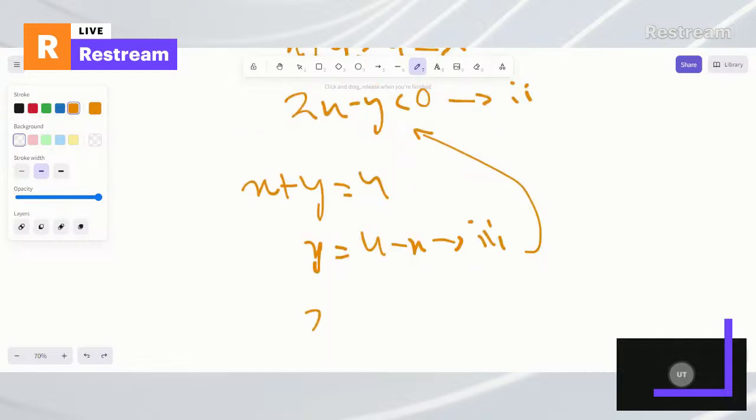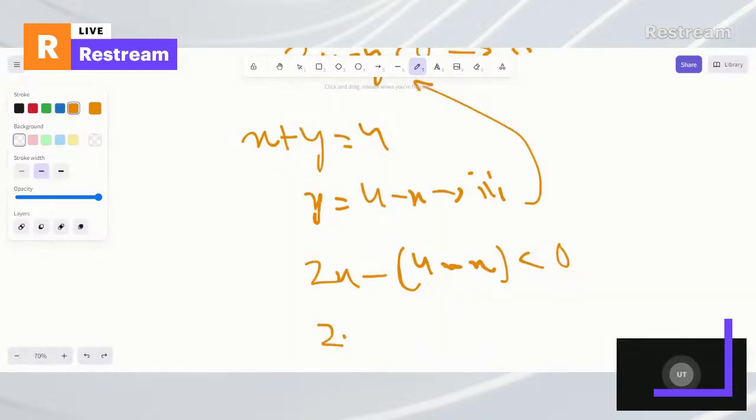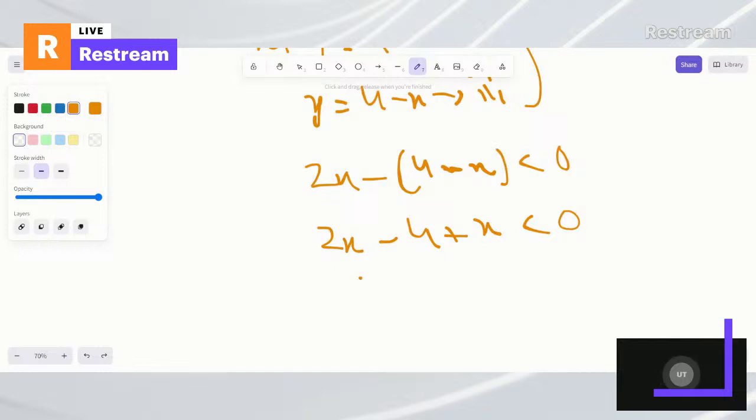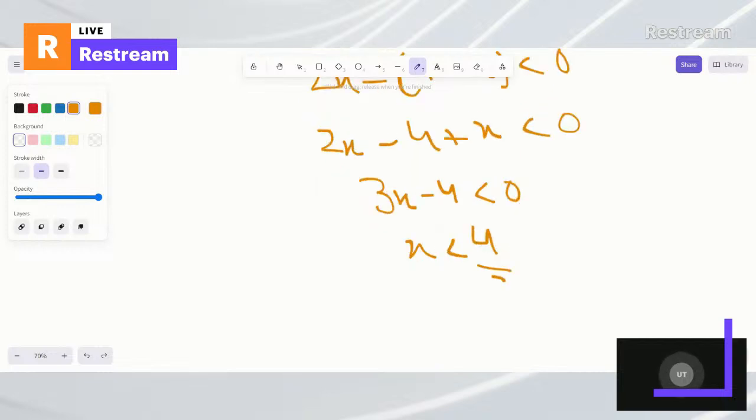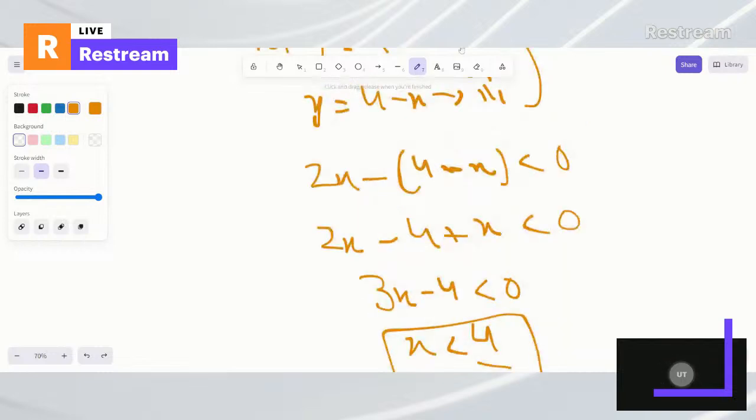It's going to be 2x minus (4 minus x) is less than 0. So it's going to be 2x minus 4 plus x is less than 0. So it becomes 3x minus 4 is less than 0. So x equals 4 divided by 3. So that's the inequality I was looking for.